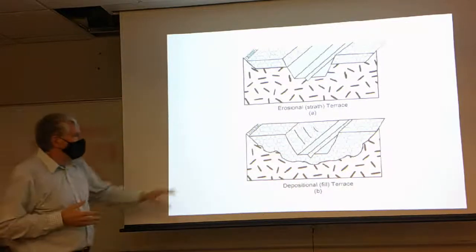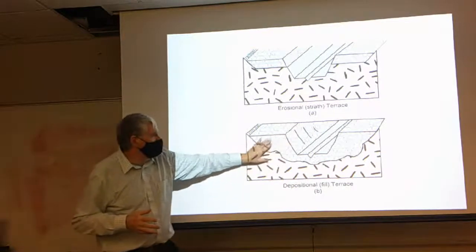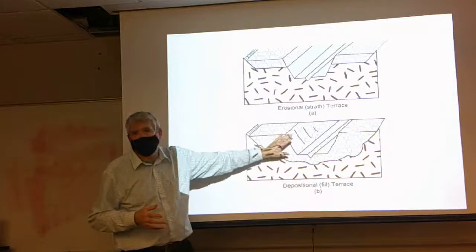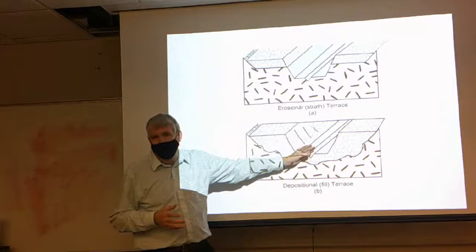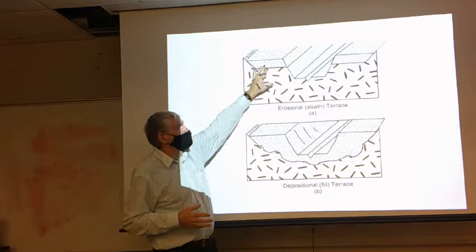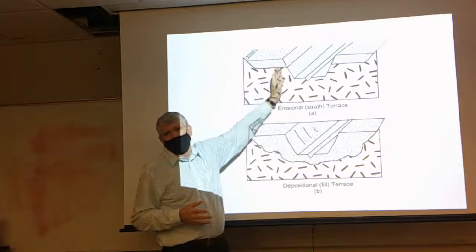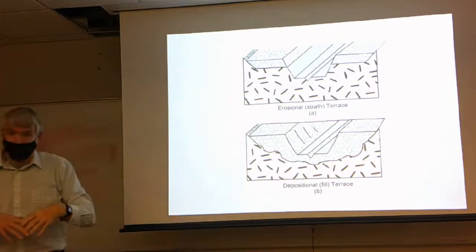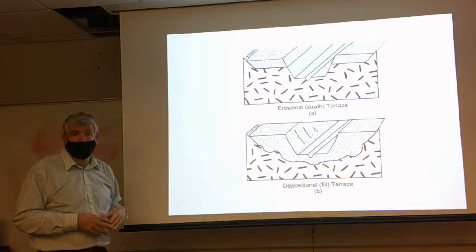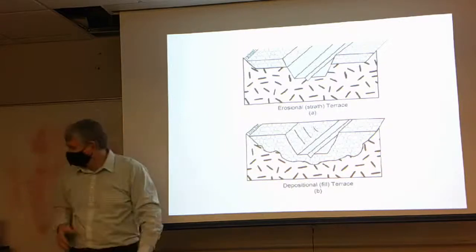In addition, if we have this case, there's going to be a lot more material in the valley that can be subsequently eroded and reintroduced to the modern channel system, whereas up here, the amount of contaminated material which may be eroded and reintroduced to that channel is going to be much, much less.